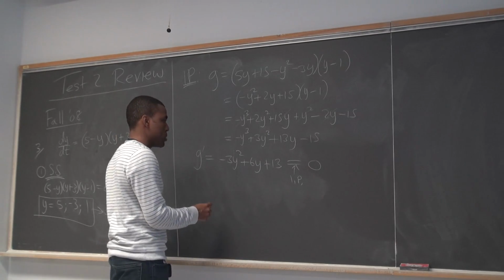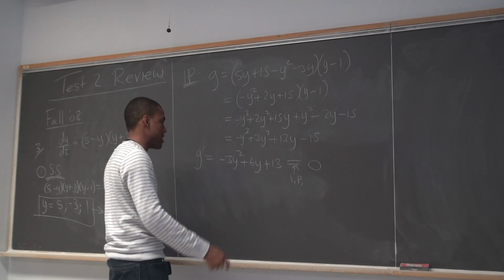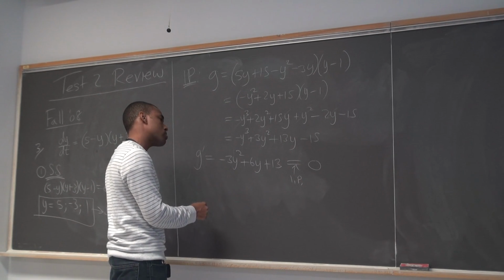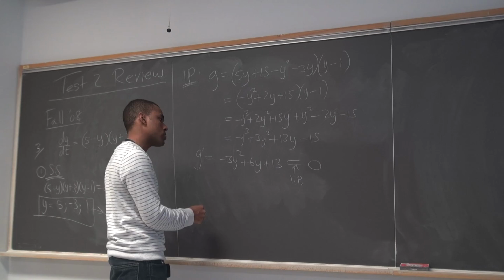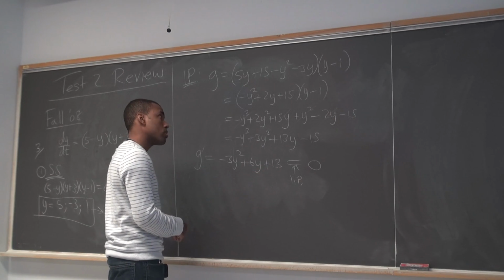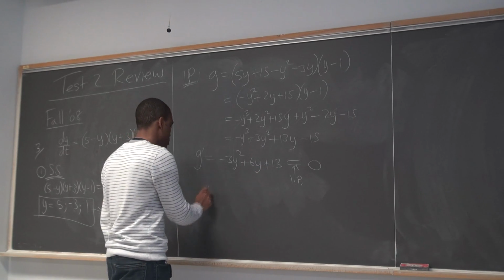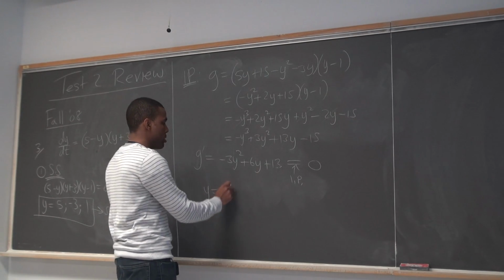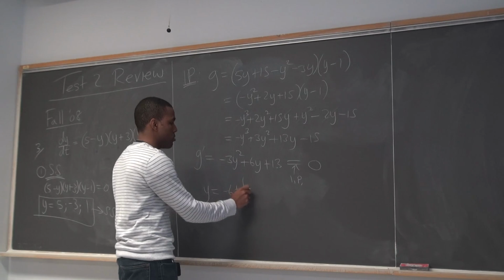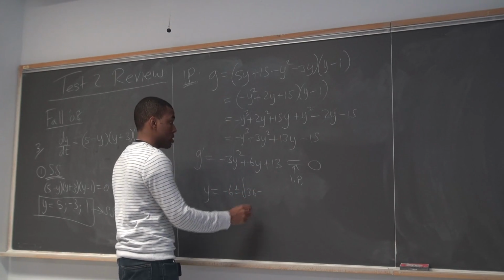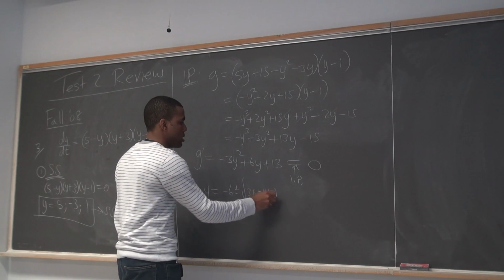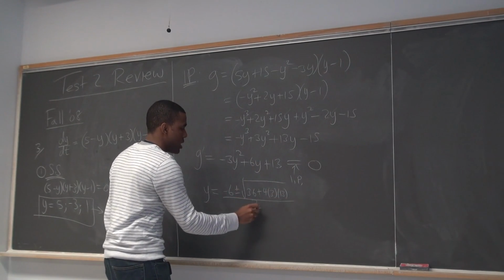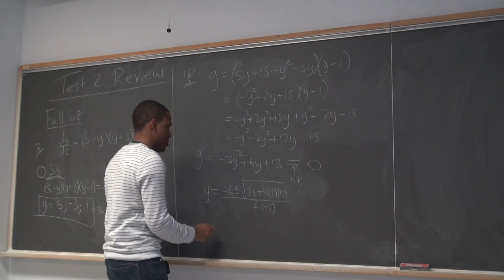It's annoying when that happens, but as you can see, nasty problems like that happen from time to time. Are you sure this doesn't factor? Can't take a 3 out, can you? No, the 13. No, let's see. So your y would be minus b plus or minus the square root of b squared minus 4 times a times c, all over 2a, which is minus 3.